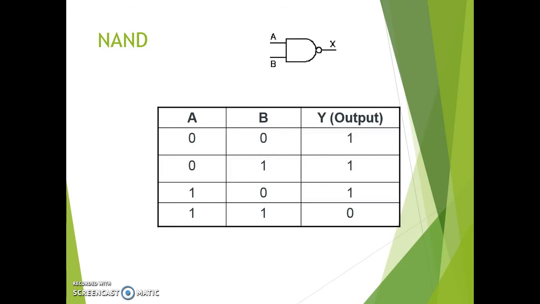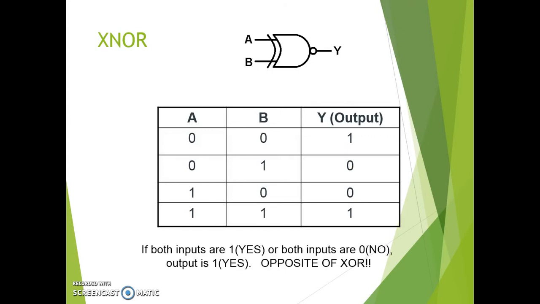A NAND gate, a NOT AND gate, is the inverse of the AND gate. So the only case that gives an output of 0 is when both inputs are 1s. And an exclusive NOR gate is the inverse of an exclusive OR gate. So an XNOR gate is the inverse of an XOR gate. In other words, both inputs have to be 0 or both inputs have to be 1 in order to get an output of 1.